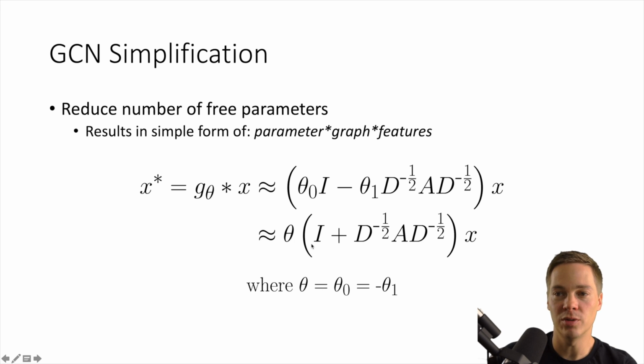And what this ends up doing, aside from reducing the number of free parameters, is it gives us this nice factorization where we have our parameters over here, our information related to graph structure and connectivity in this operator here, and then our node features over here. So we factored it into these three separate components of parameters, graph structure, and features.